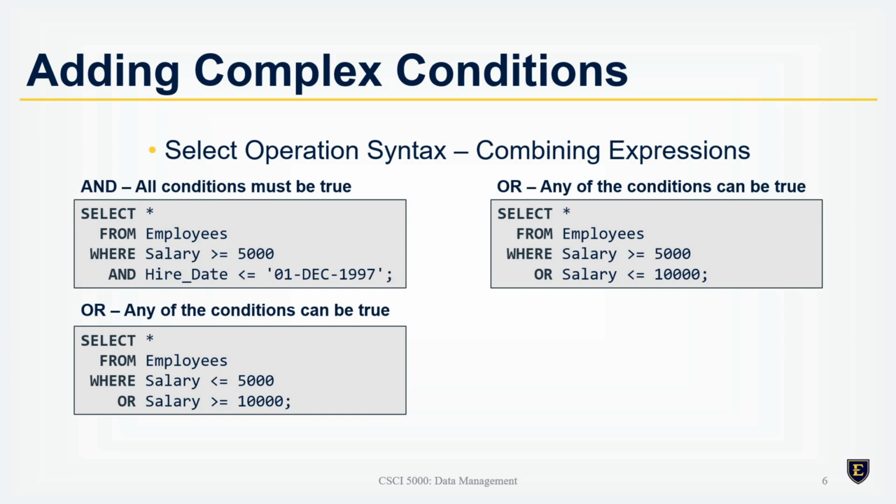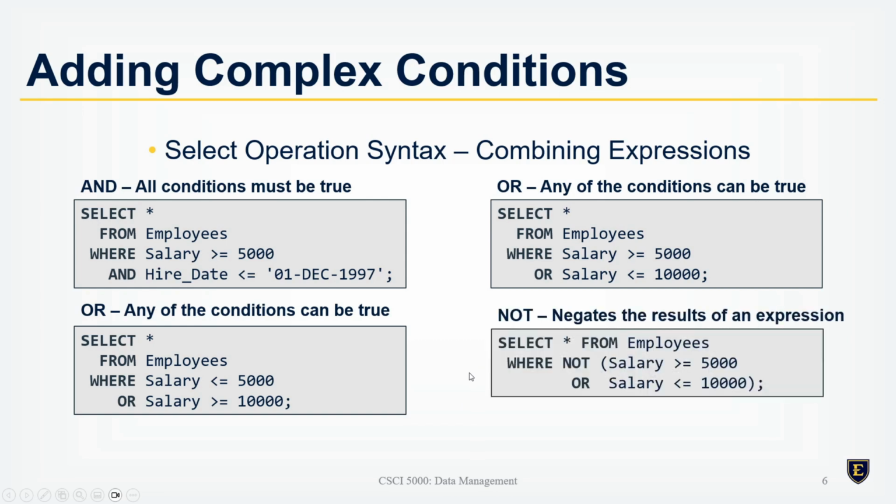This is very important to remember because sometimes people get the signs flipped when they mean something like this and they instead add something like this. So it's very important to watch the symbols that we're using, especially when combining with ands and ors. Here's another example with not. Not negates the result of an expression.